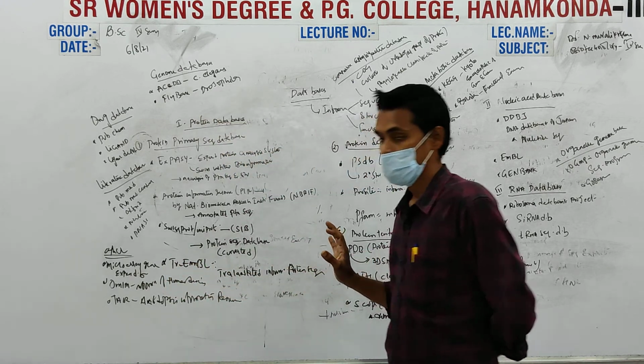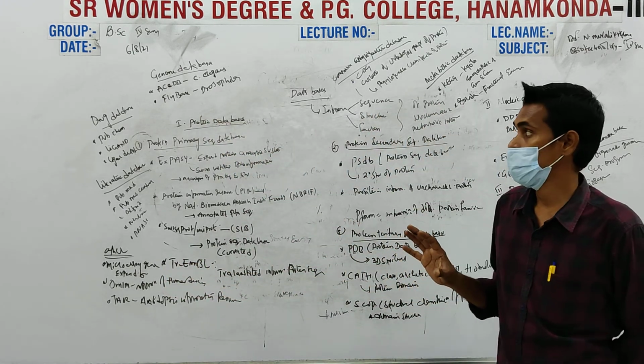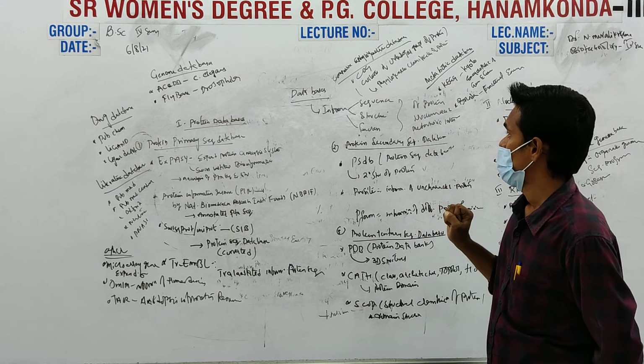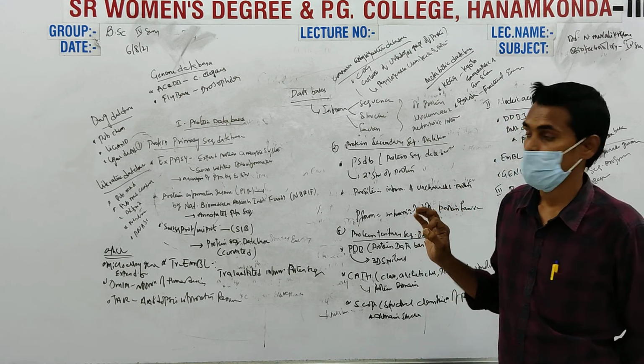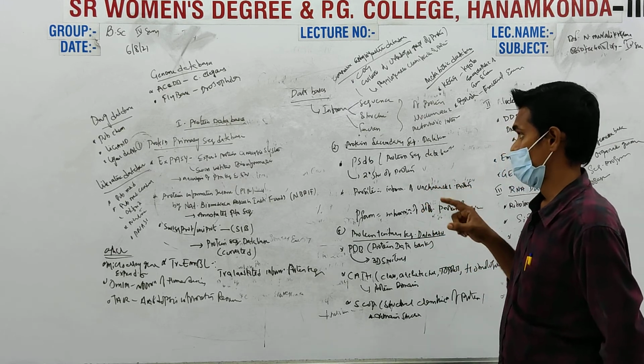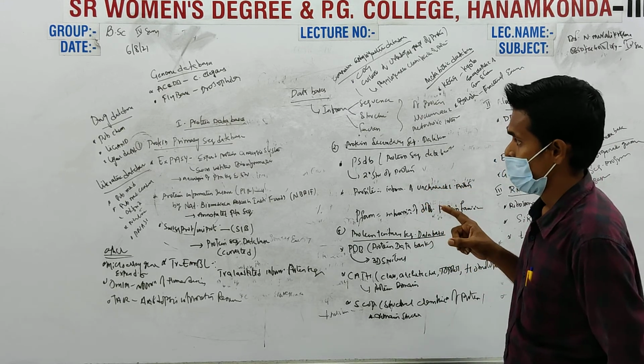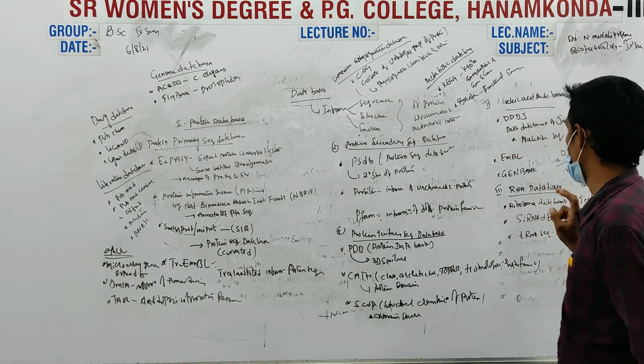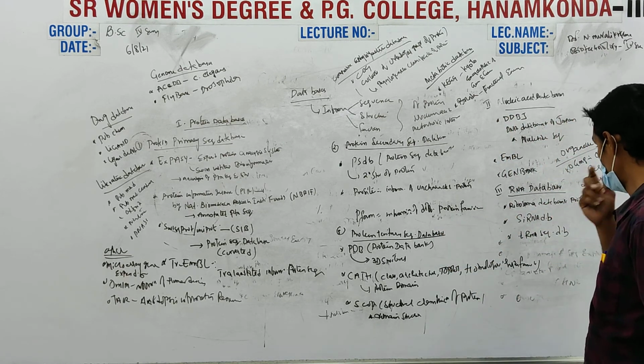So this is the list of different databases that are very important. First, protein databases, which include primary, secondary, and tertiary protein databases. Second, nucleic acid databases. Third, RNA databases.